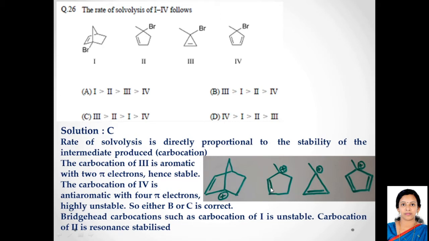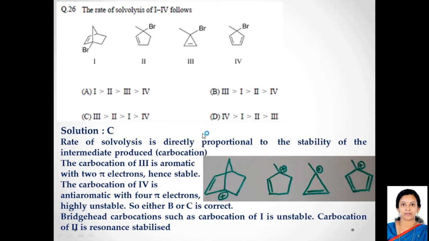This pi electron system can shift over here, and you will have the double bond here, and the positive charge can move to this carbon. So you see this carbocation is a resonance stabilized carbocation. So compared to 1, 2 is more stable. So option C will be our correct answer. Option C is the right answer.